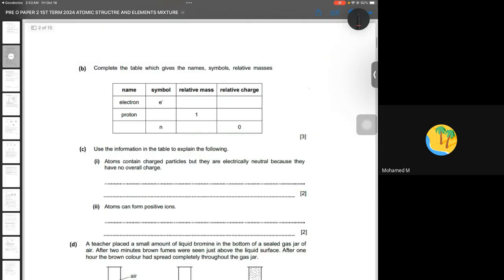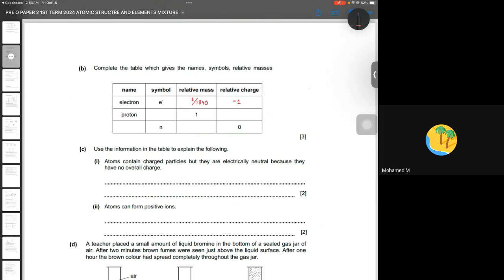Okay, see this. Complete the table which gives the name, symbols, relative masses. So electron, the symbol will be e minus. The relative mass will be 1 over 1,800 something. And then the relative charge will be -1, and for a proton the relative charge will be +1.